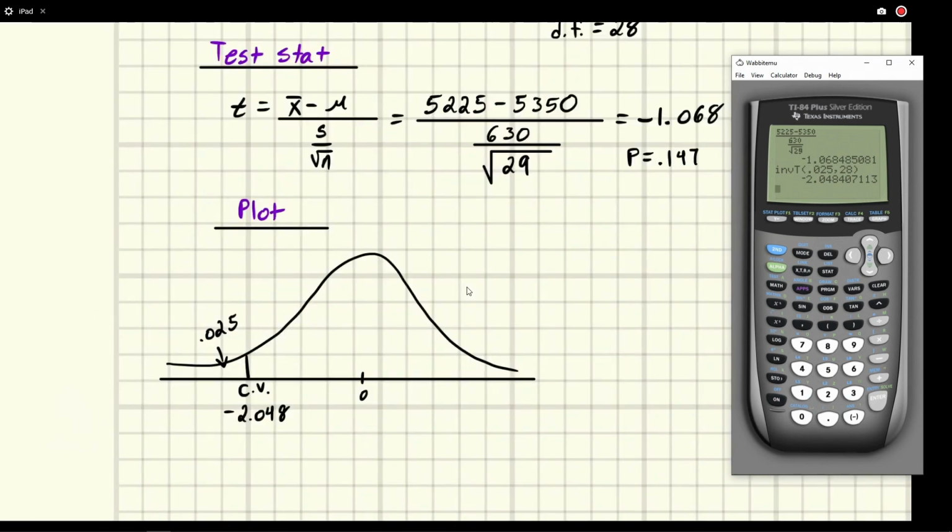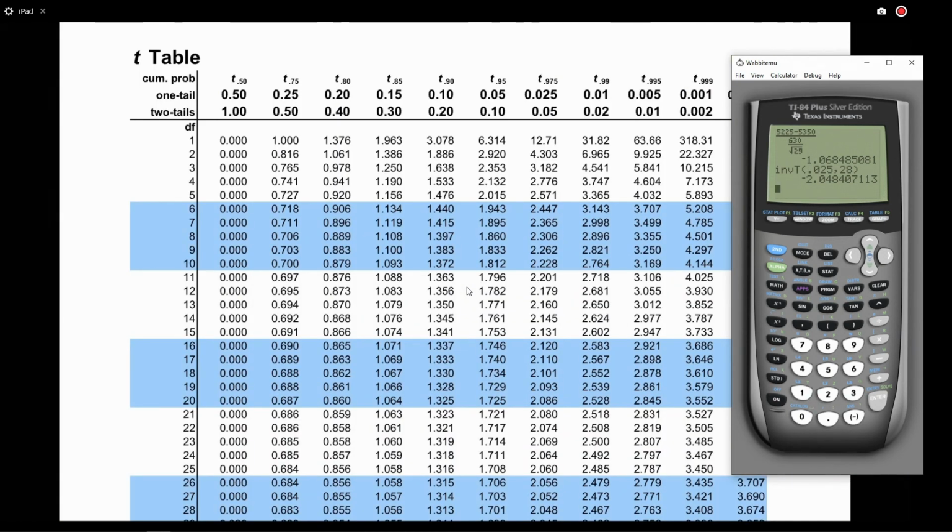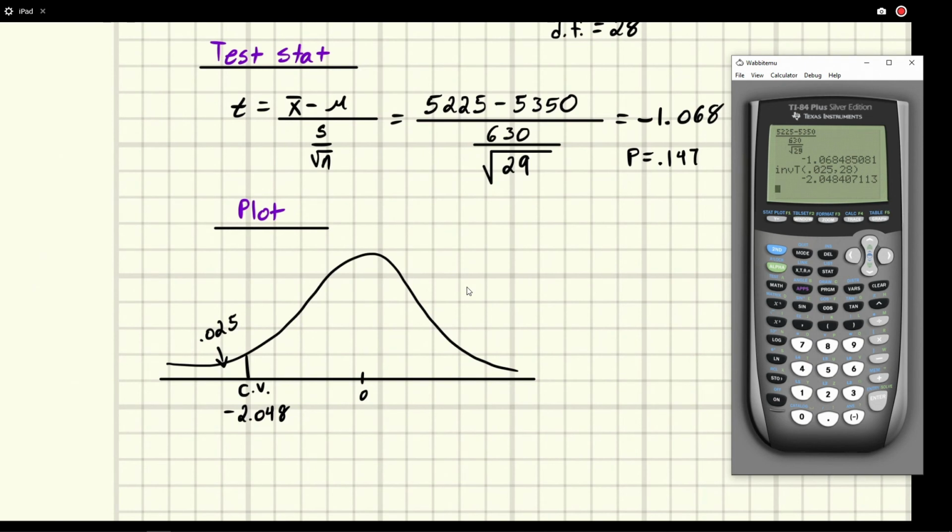So the p-value rounds to 0.15. Not quite the most accurate, but that's how you would do it if you had to do it on a chart. You would have a p-value of 0.15.